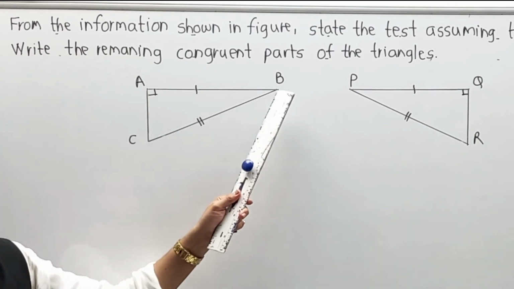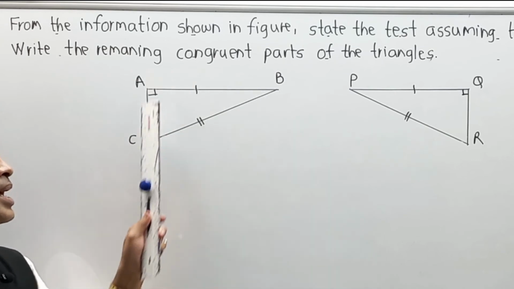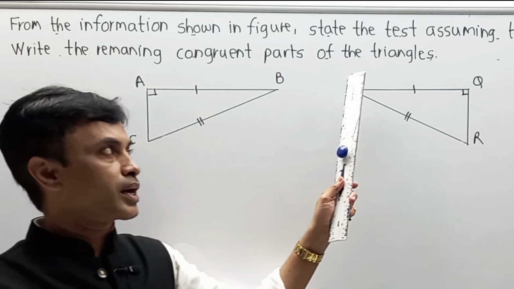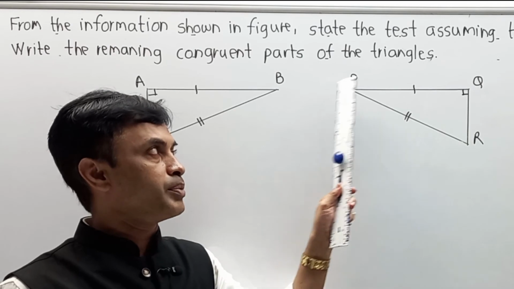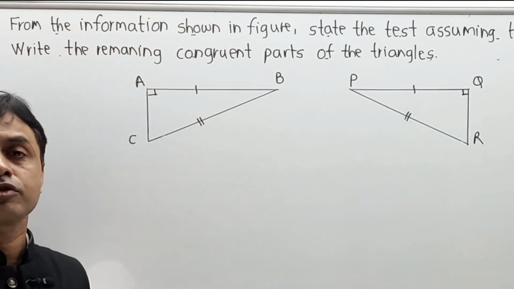Naturally we can say that triangle BAC is congruent to triangle PQR by hypotenuse side test of congruency.